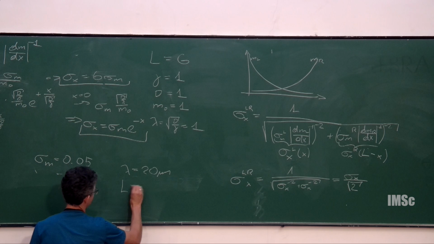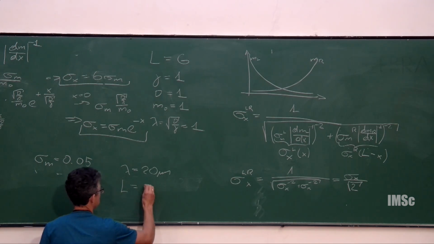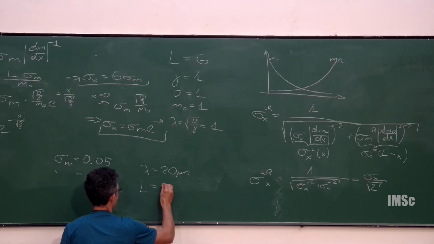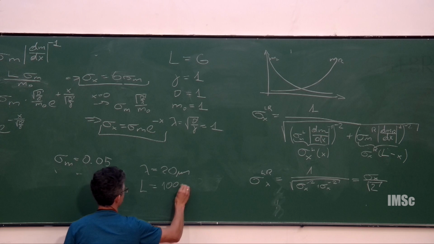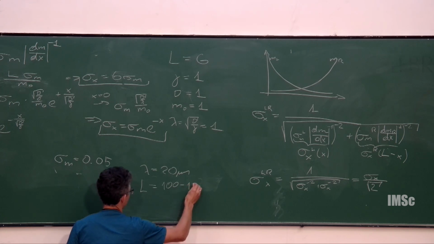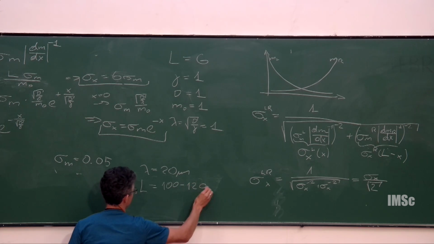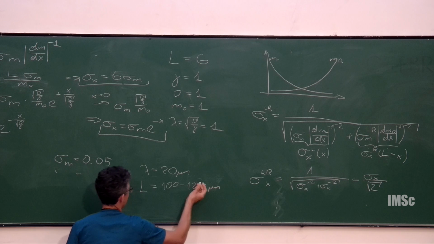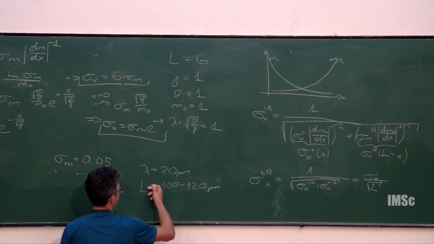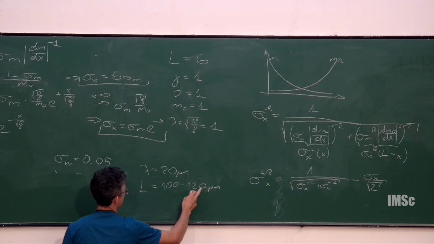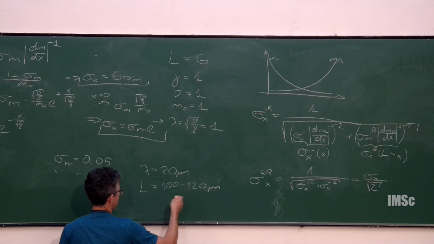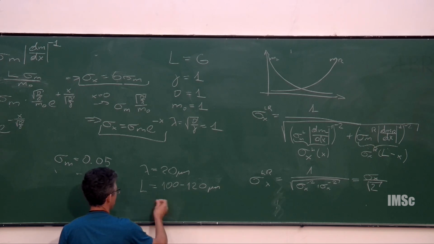L would be something early on, at the early stages, from let's say 100 micrometers to probably, I don't know, 150 maybe, or 120 micrometers. So if you divide this by this, it will give you 6, roughly, in terms of arbitrary length units.